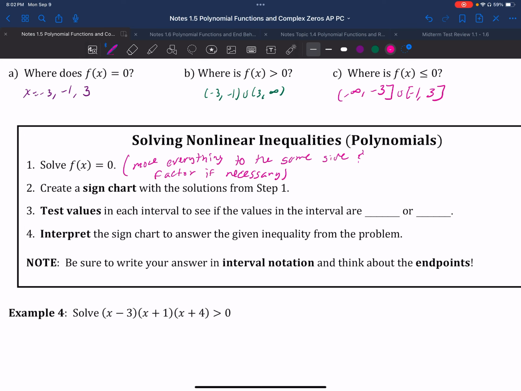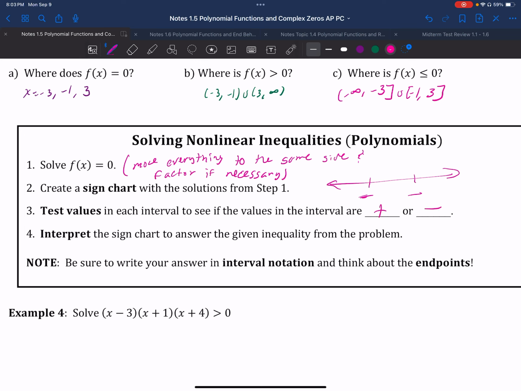After you do that and you solve it, you're going to use the numbers that you get from there to create a sign chart. So a sign chart might look something like that, and then depending on the numbers, they will go here. And these numbers will represent your x-intercepts, zeros, roots, or solutions. After that, you're going to test values to see if the values in the interval are positive or negative.